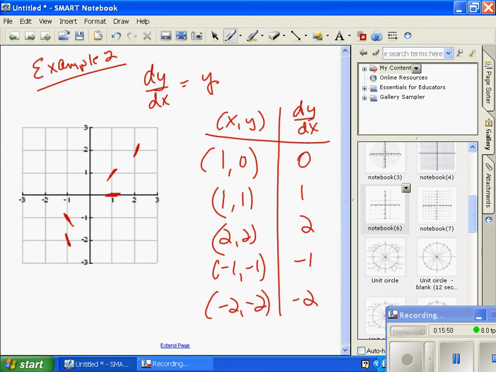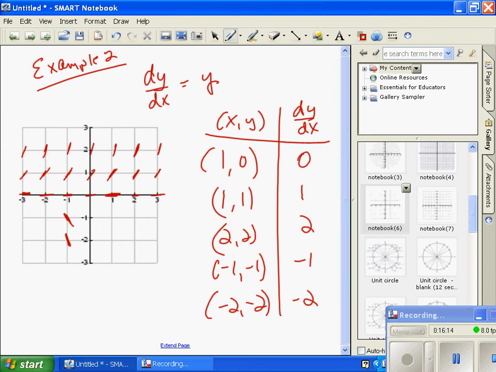If I look at this, I know that anything along here will have a 0 slope. Once I figure these out, say I have (2, 1), my slope is 1. So these are all going to have a slope of 1. Right here, these are all going to have a slope of 2.